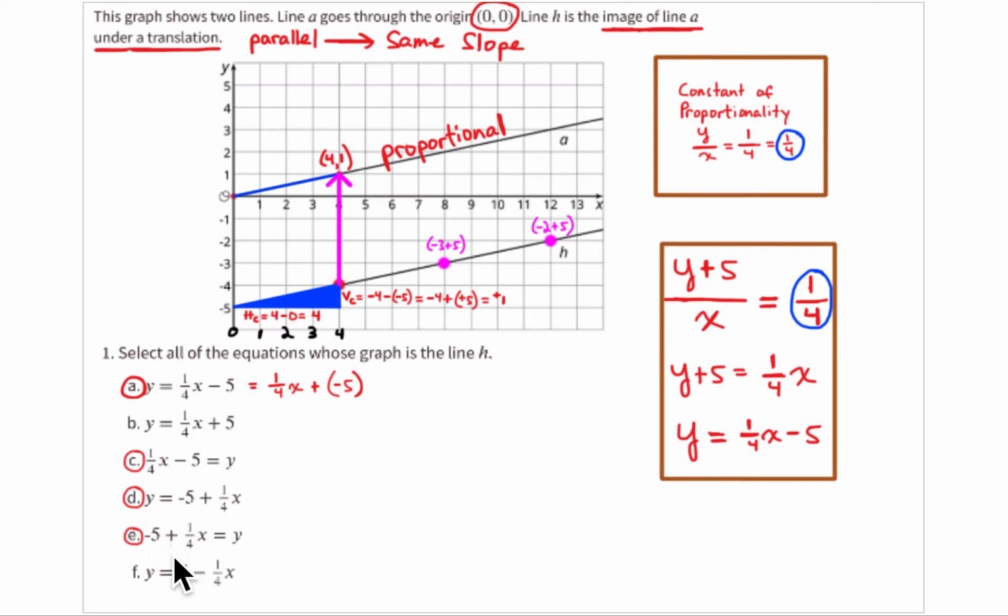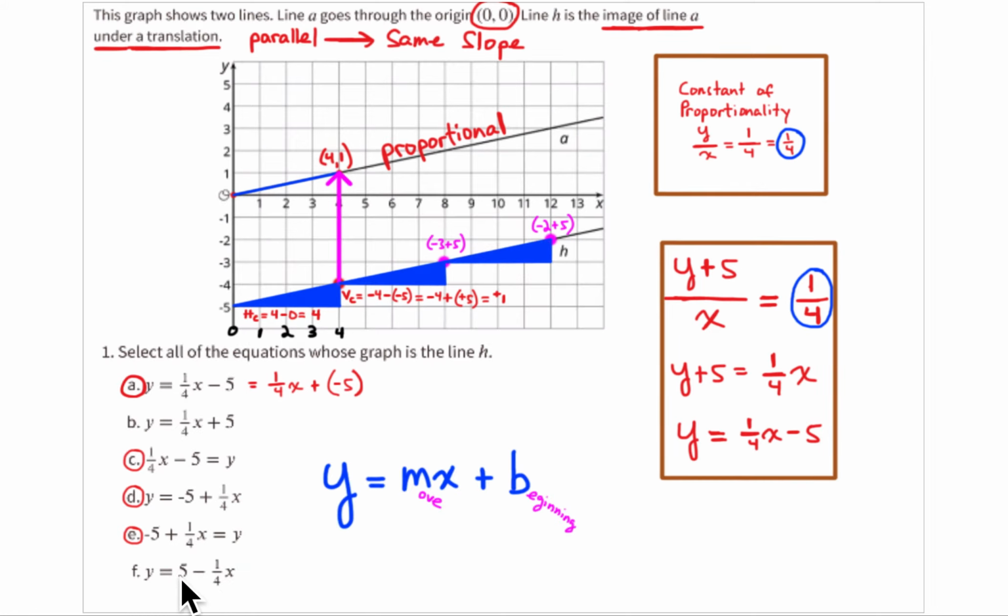So E matches. And F is 5 minus 1/4 x, or 5 plus a -1/4 x. And that's not right. It's actually a -5 plus a positive 1/4 x, not a positive 5 plus a -1/4 x or minus 1/4 x. So this one does not match.